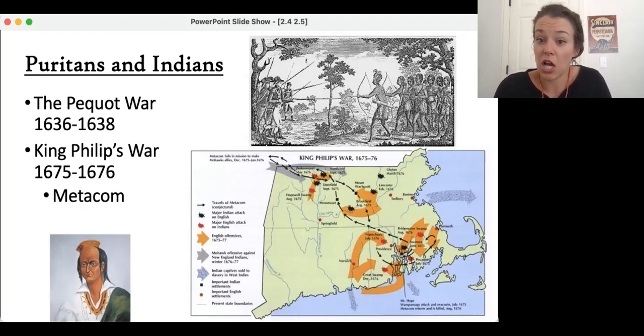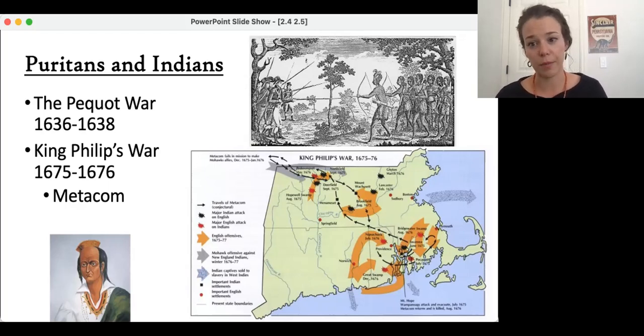You also see raids on colonial communities where, again, women and children and elders, the vulnerable, are targeted by both sides as a way to try and pressure your enemy into giving up, right? Eventually you might decide it's not worth it. It's not worth all of our vulnerable living in fear, being at risk, dying, so we can win this battle. Thousands die. Ultimately, the colonists win. And this really ends organized Indian resistance in New England.